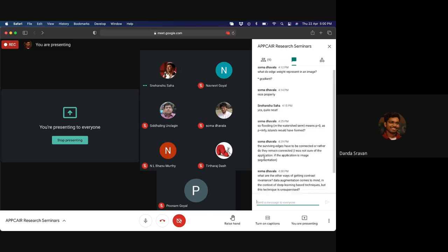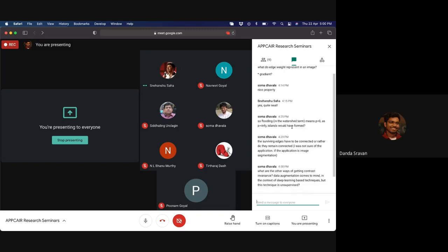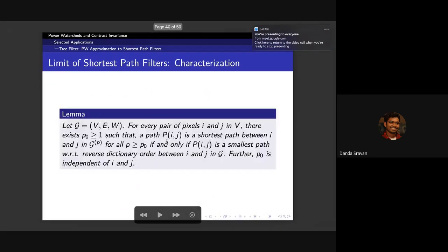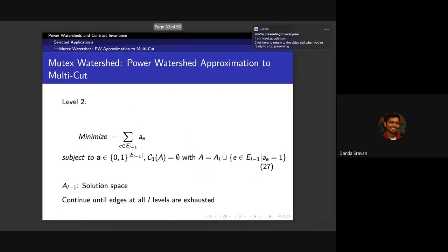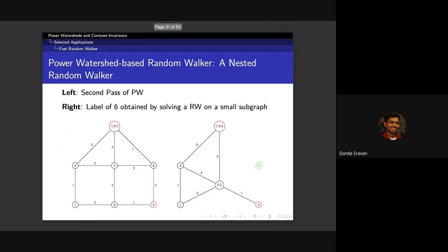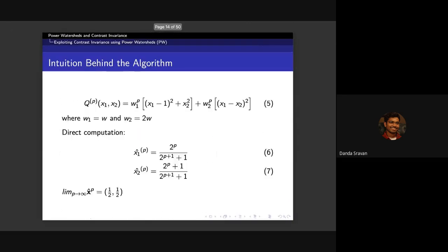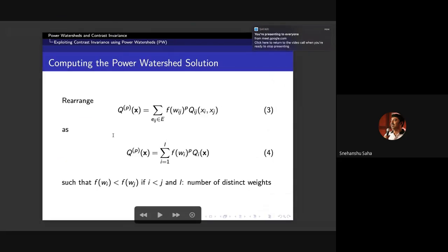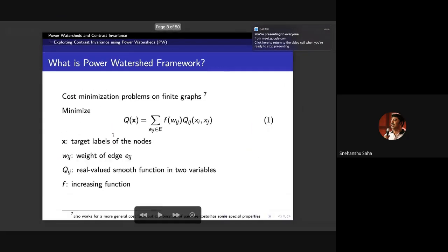Yes. Okay. So which slide are we talking about here? I think your fifth or sixth slide, Sravan, where you were showing the cuts.